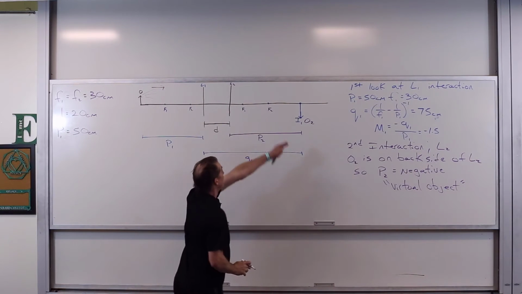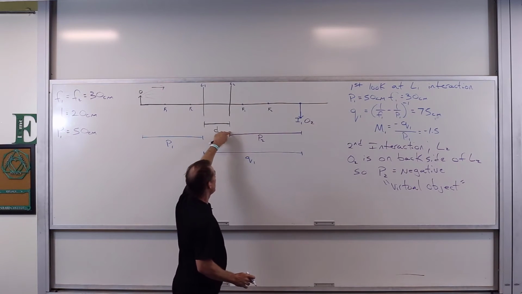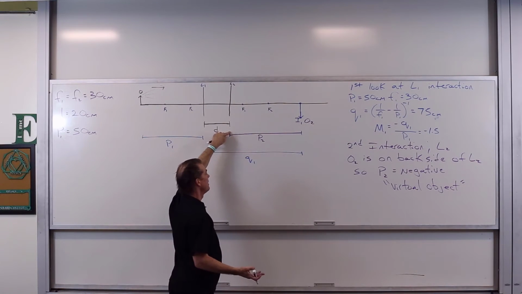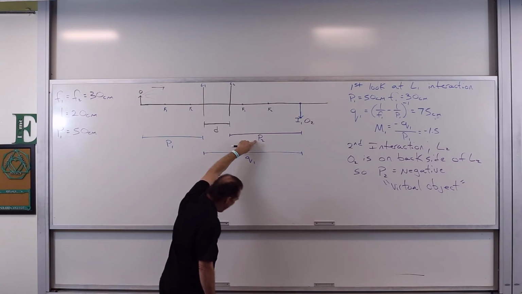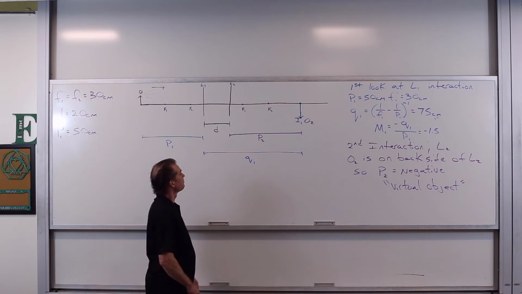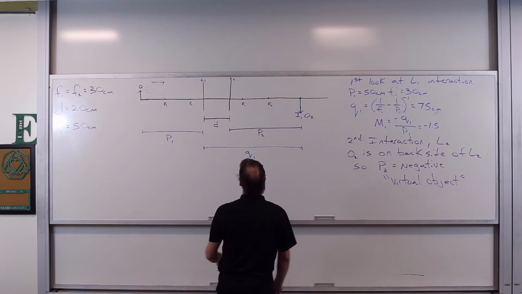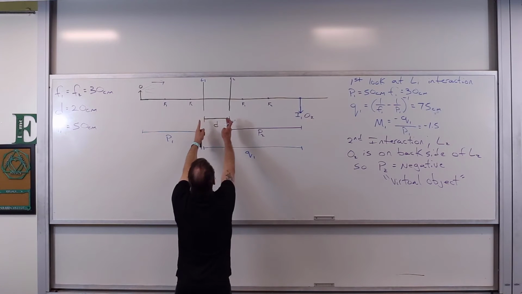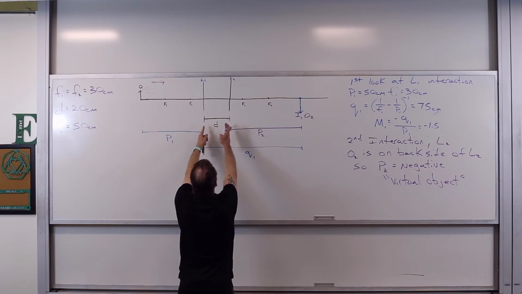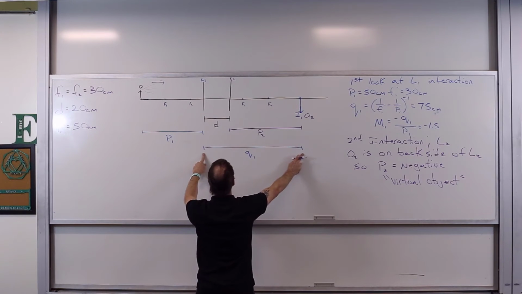Because the object we're utilizing for this interaction is on the back side of that lens, its object distance, P2, is considered negative because it's a virtual object. So that's fine. What is the distance though? The distance between these two lenses is 20 centimeters, and this total distance was 75, right?